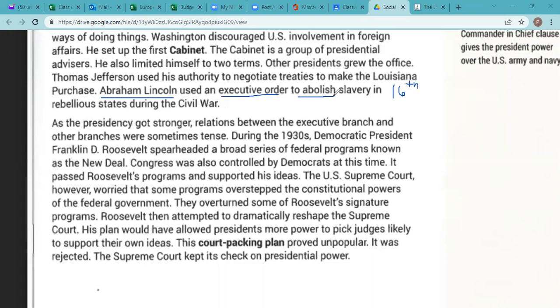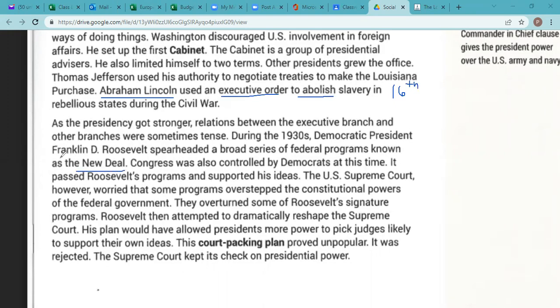Do away with. Now, as the presidency got stronger, relations between the executive branch and the other branches were sometimes tense. During the 1930s, Democratic President Franklin D. Roosevelt spearheaded a broad series of federal programs known as the New Deal.